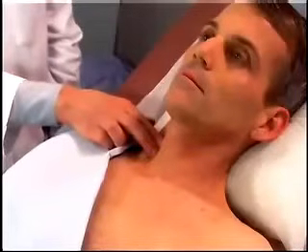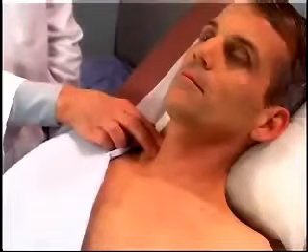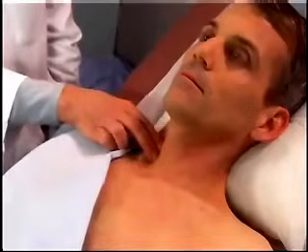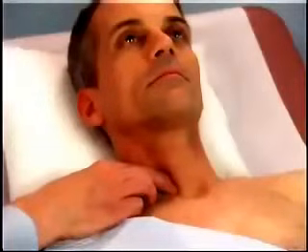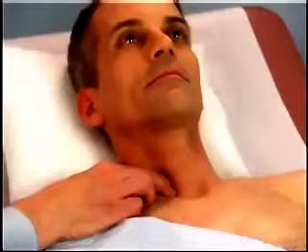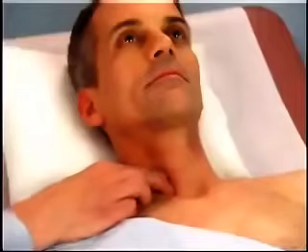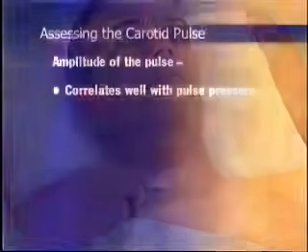You should press just inside the medial border of a well-relaxed sternomastoid muscle, roughly at the level of the cricoid cartilage. Slowly increase pressure until you feel a maximal pulsation. Then slowly decrease pressure until you best sense the arterial pressure wave and contour.